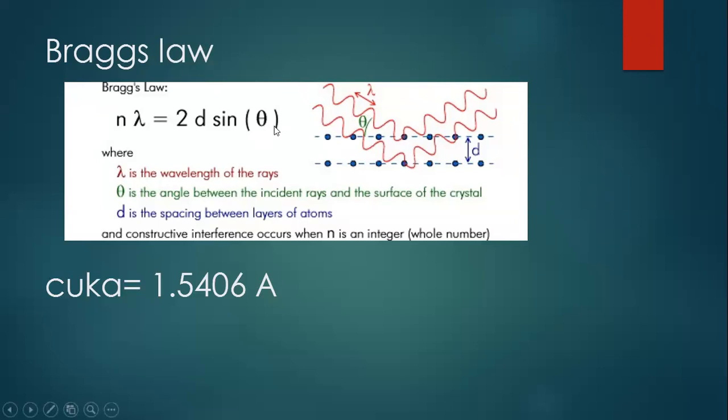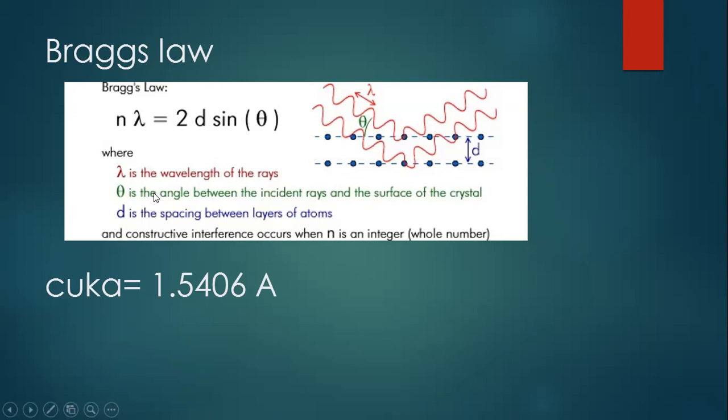Bragg's law is n lambda equals 2d sine theta. So what is the meaning of n, lambda, and d? From this equation, n is the diffraction order, and it is usually the first order, so n is equal to 1.